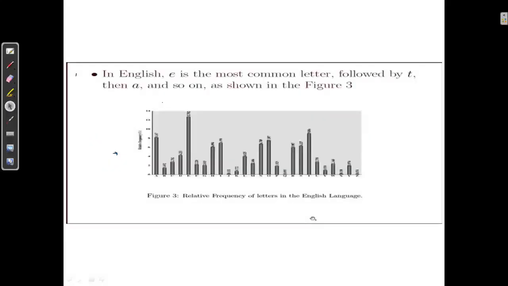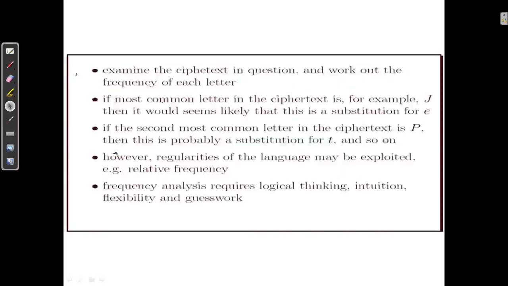In English we can do the frequency analysis. Frequency analysis means there are some letters which occur more often. For example, in English E is the most common letter, followed by T, then A. So we carefully examine the ciphertext and work out the frequency of each letter.